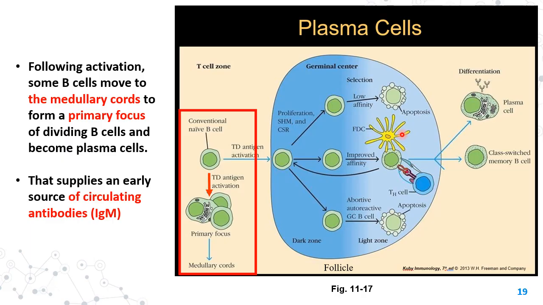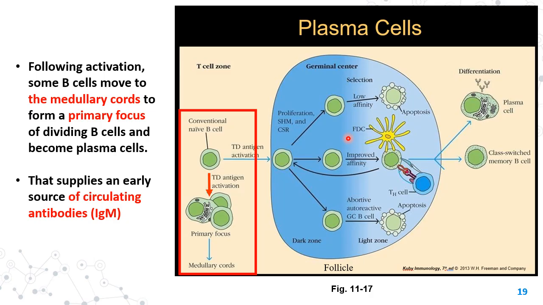The job of this follicular dendritic cell is to present antigens to the B cell receptors and stimulate affinity maturation of those B cell receptors. Okay, so this is all going to happen inside of the follicle. Okay, so what is happening here? So the follicular dendritic cell activated differentiation of the B cell receptor.